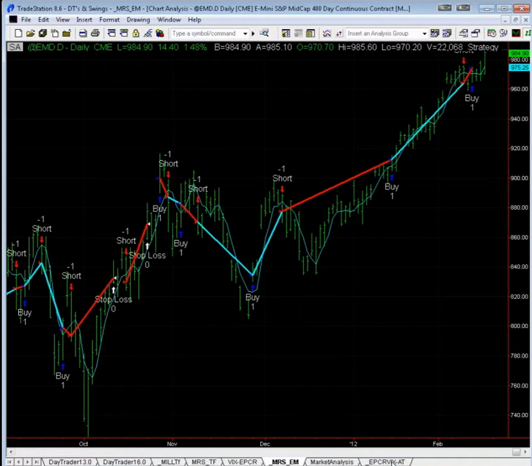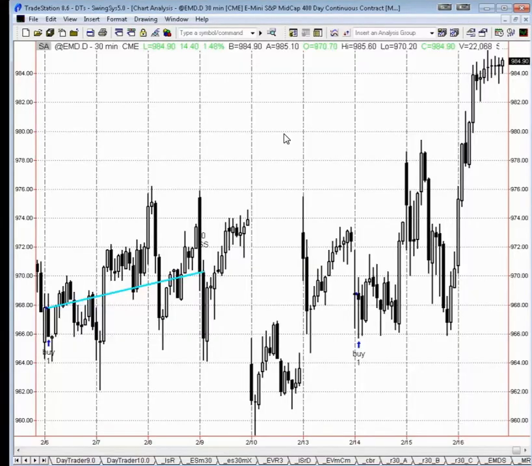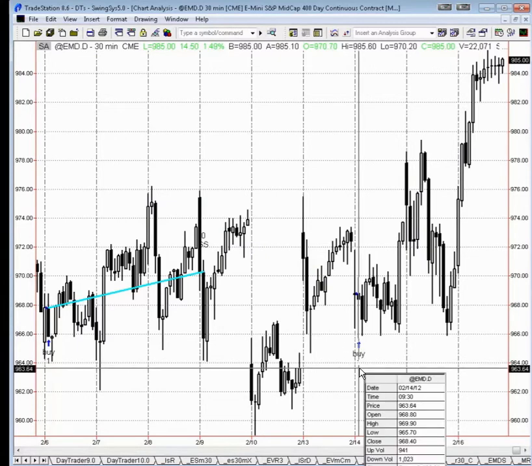So, I'm going to go ahead and minimize that and switch over to looking at the... Not sure what we're looking at here. Oh, that's the Swing System 5.0. Look at the Swing System 5.0 buying 968.80.